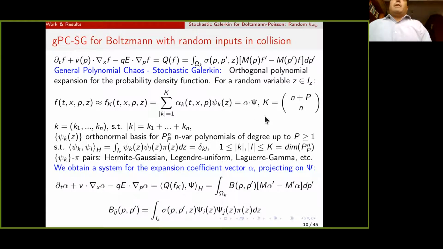And so you have the dimensionality, and what you do usually is to choose an orthonormal basis in the random variable, where you have a knowledge of the random distribution, and then basically a family of functions which are orthonormal with respect to the L2 norm induced by that random variable as well.